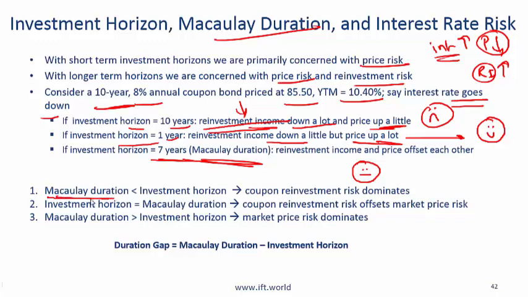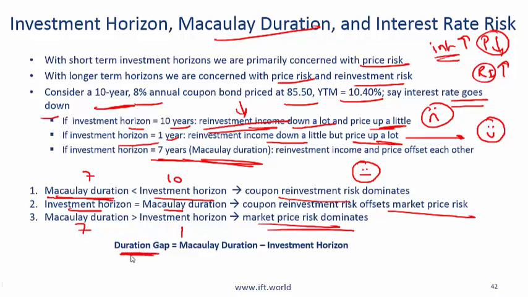If your Macaulay duration of 7 is less than the investment horizon of 10, then the coupon reinvestment risk dominates. If the two are equal, then the coupon reinvestment risk offsets the market price risk. And if the Macaulay duration is greater than the investment horizon, then the market price dominates.